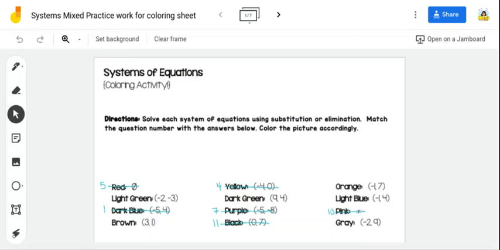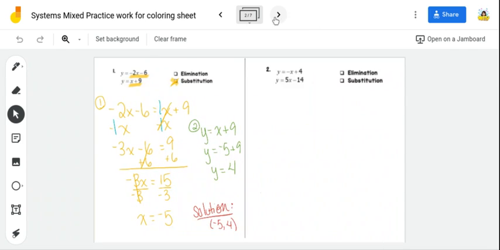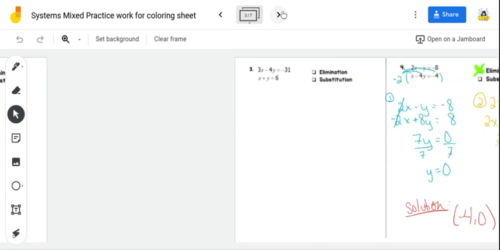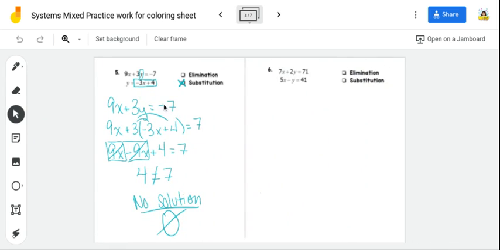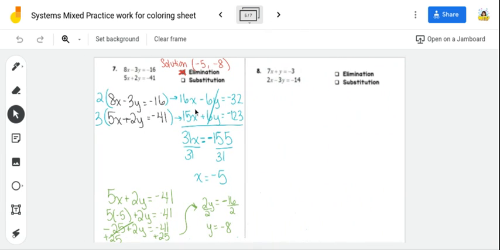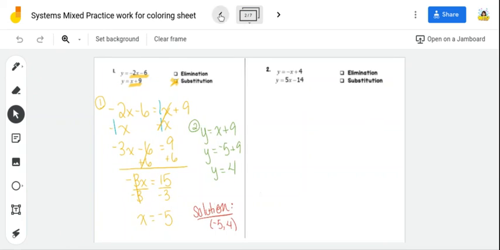So what I did was I went through and I did some problems for you to A, cut down on the number of problems, okay? And then B, to give you an example on each slide.